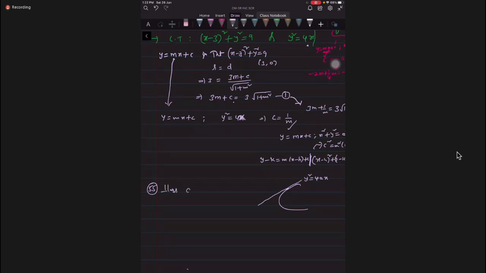Perpendiculars are drawn on a tangent to the parabola y square equal to 4x from the points a plus or minus k comma 0. Then the question is the difference of their squares. Understand now, all of you?